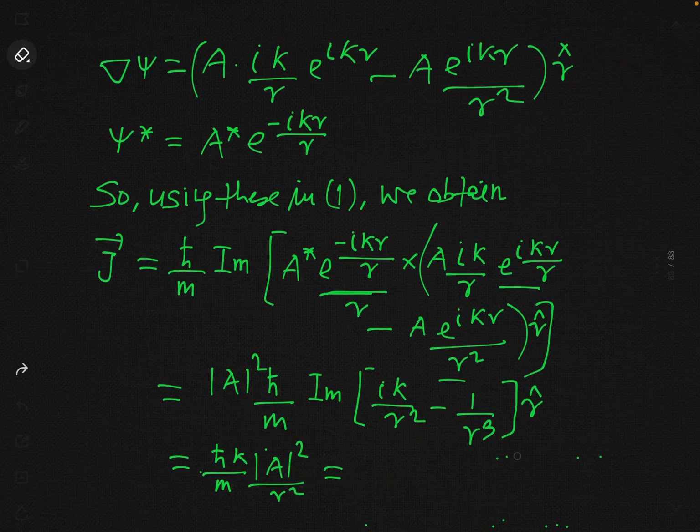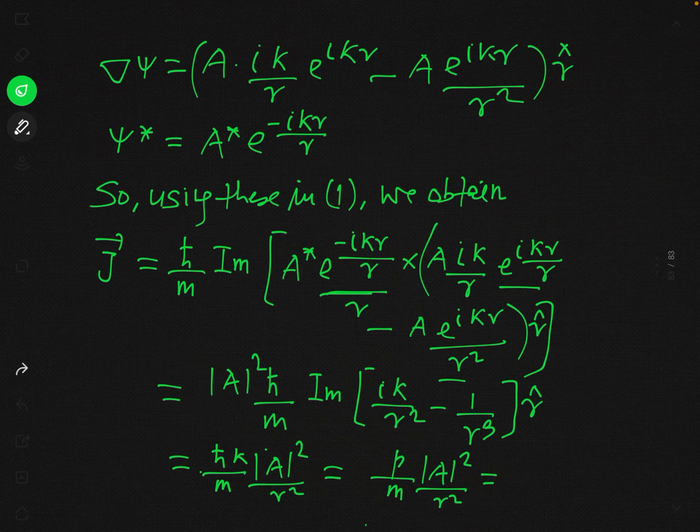And so you know h cross k is simply momentum, so we can write this expression as p over m mod of A square over r square.